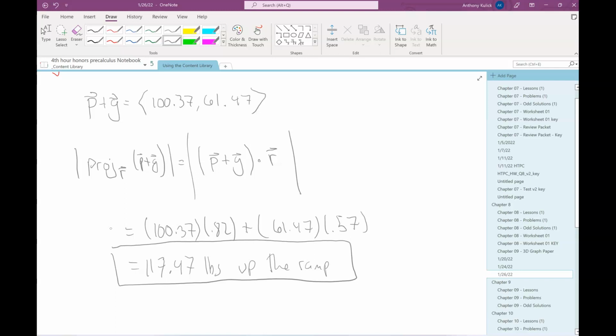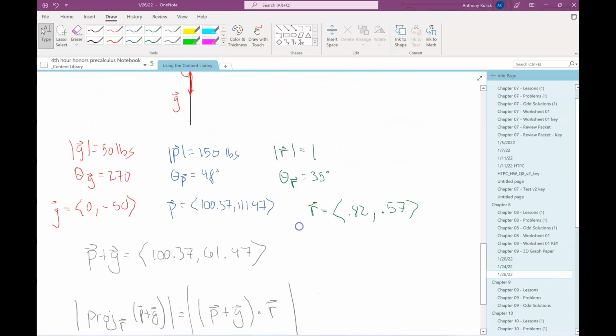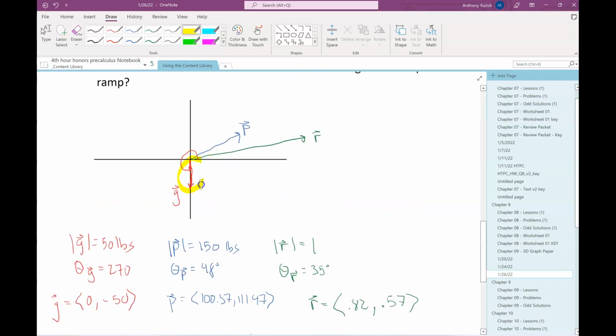Now the tricky part is if you didn't try to do it as a vector sum, you'd have to intuit that gravity is going to be pulling the crate down the ramp and the pull is going to be pulling it up the ramp. So when you find the projections of each of them, you have to subtract the gravity from the pull.